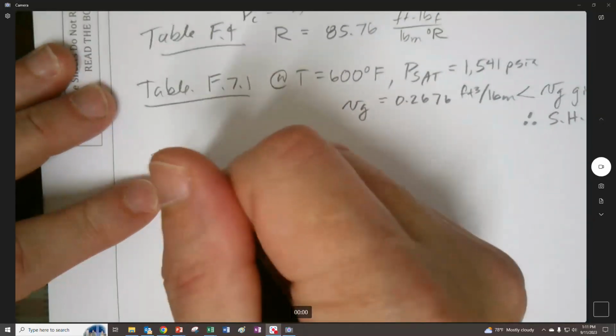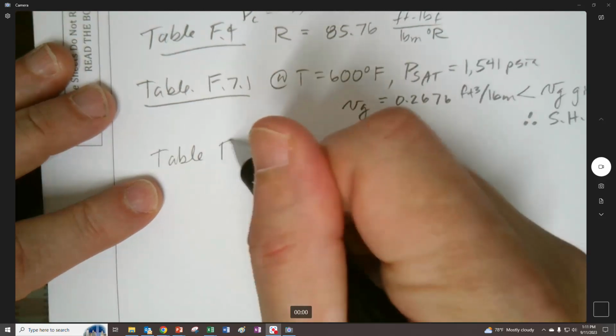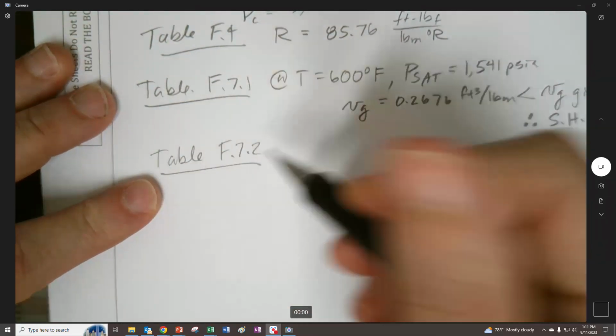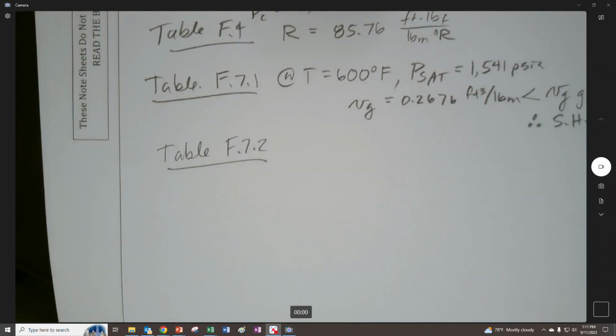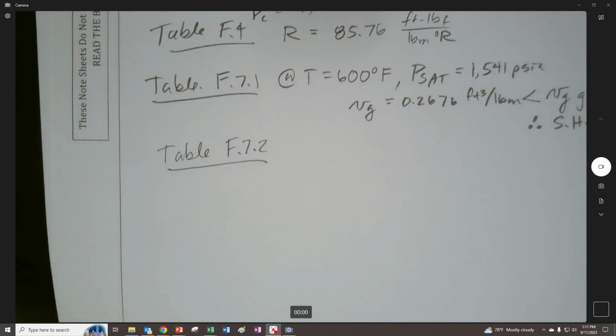So if we go to table F.7.2, it's probably going to be a lower pressure than this, so we don't need to go much further up.